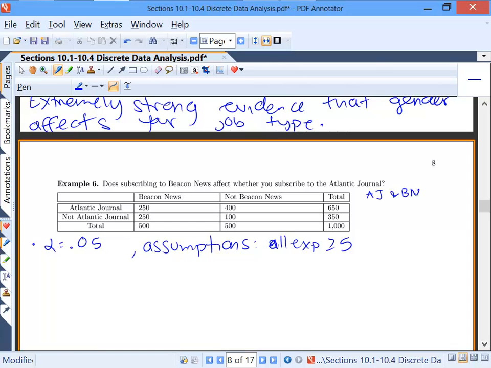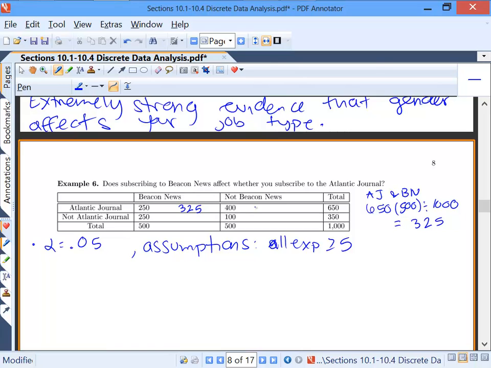So row total of 650 times my column total of 500 divided by my grand total of 1,000 gives me 325. So my expected count is 325. I'm just going to go through each expected count inside the cell that it goes to.